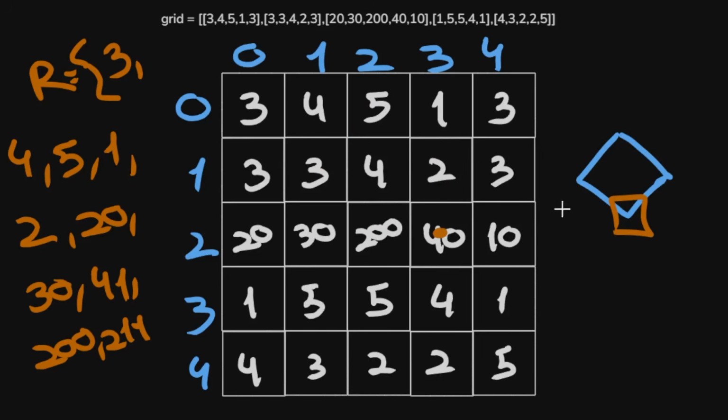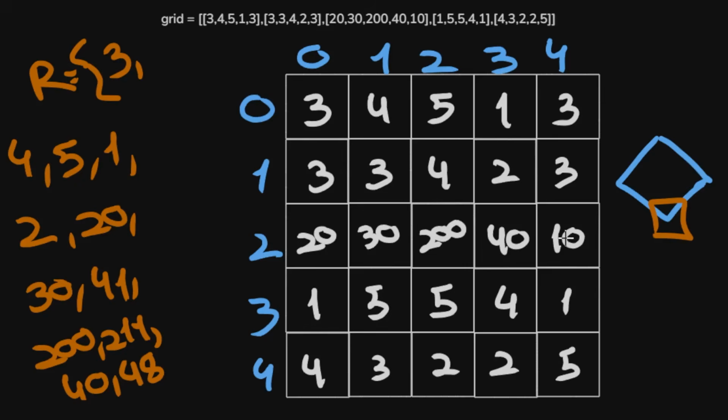Now using this as the bottom edge, we can take a size of 0 and get 40, or we can take a size of 1 and get 44, 47, 48. Given that we don't have 48 here, we add it. Now from here we can only use a size of 0, so we add 10, and that's it, because if we use this, now this part is out of bounds, so this is not valid.